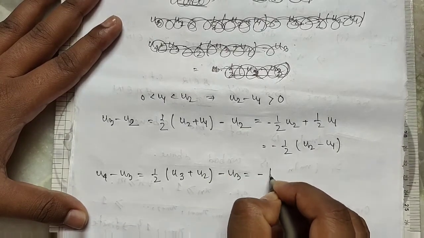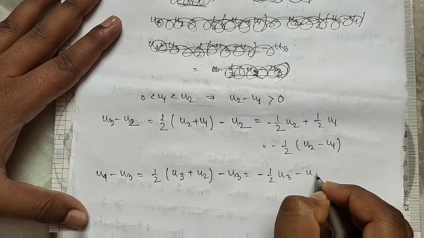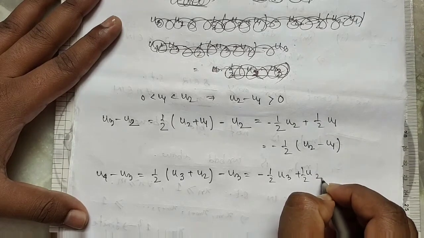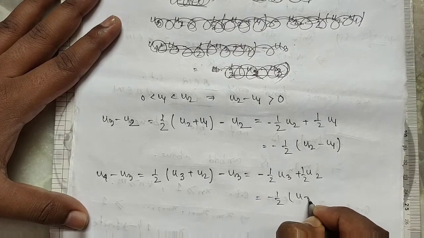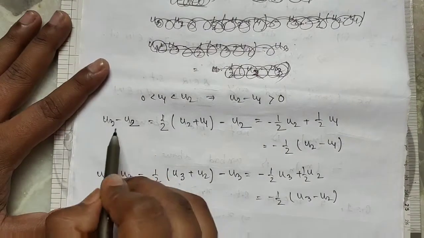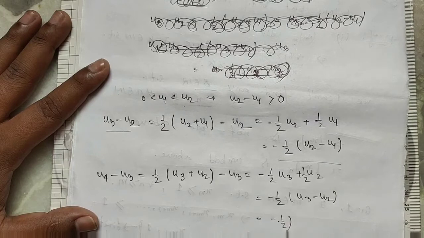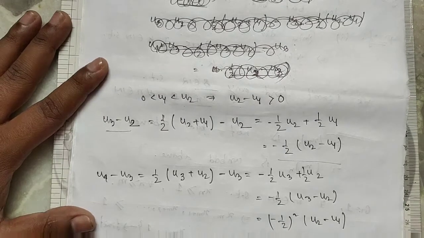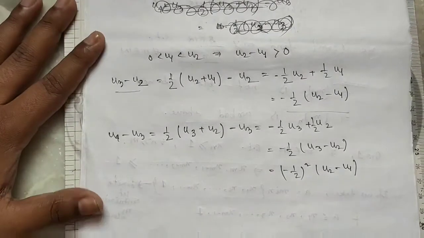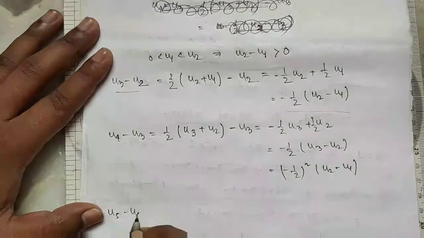So this is minus half of u3 plus half of u2, which implies minus half into (u3 minus u2). We put u3 minus u2 equal to minus half of this, so this is equal to minus half whole square into (u2 minus u1). Clear?